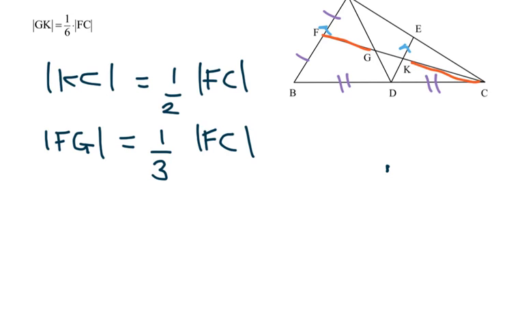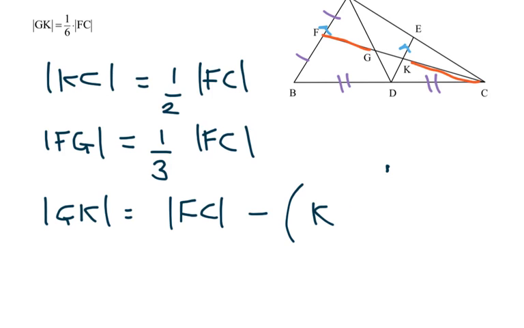We just need to subtract KC and FG from FC and we'll find GK. So let's write that in there. GK, the length GK, is equal to FC, the length of FC, minus, let's just add these together, being careful with brackets, KC plus FG.